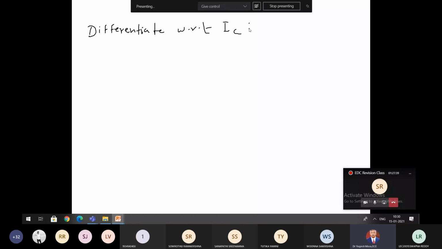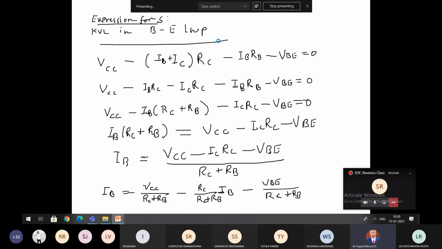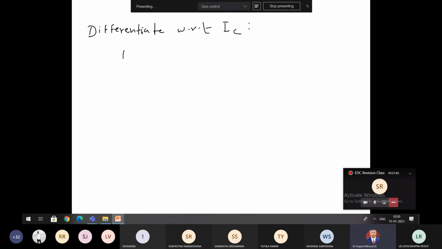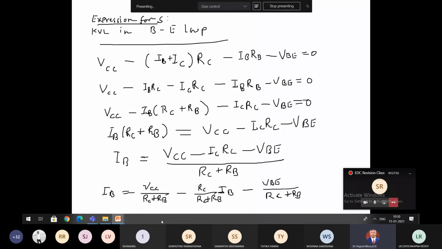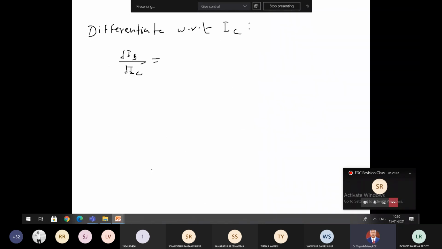On the left side I will get dIB by dIC, and this will be equal to, now see the first term, VCC by RC plus RB. VCC is constant, RC is constant, and RB is constant. So the differentiation of this with respect to IC will give you 0.